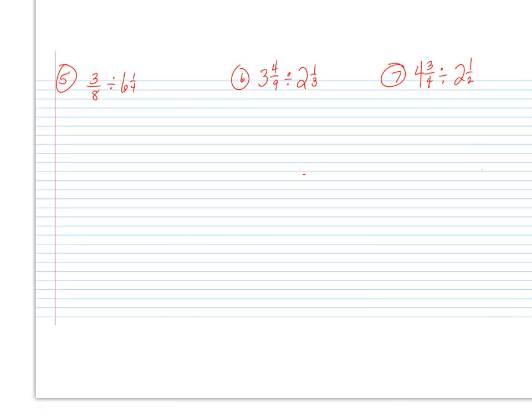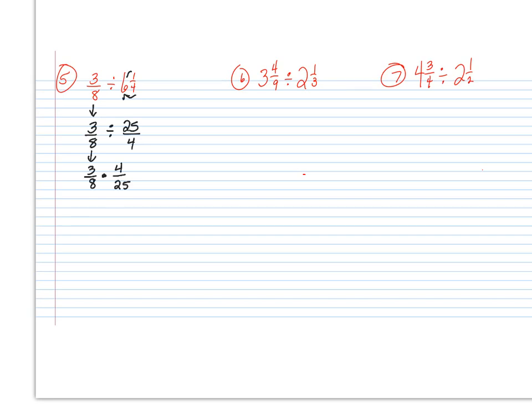Okay? Let's look at number 5. It is another division problem. Okay, notice that this is just a regular fraction, so we're going to write 3/8. This is mixed, so we're going to make it improper. 4 times 6 is 24, plus 1 is 25 over 4. Can't divide fractions, so we're going to drop this one down, 3/8. We're going to multiply by the reciprocal, which would be 4 over 25.